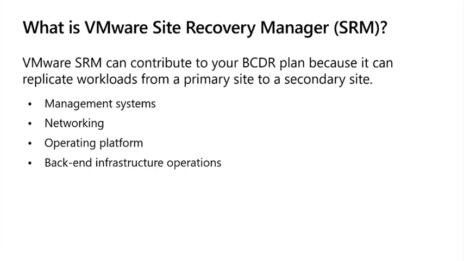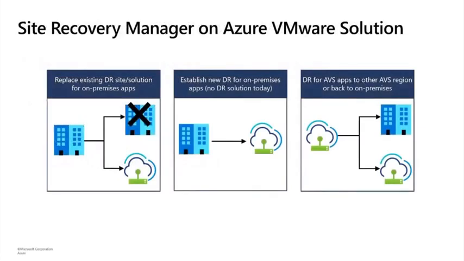Second question is, from where to where? If we're looking at our environments, you can easily use Site Recovery Manager on Azure VMware Solution to replicate from, say, a disaster recovery site. It means you're paying for two sites. If that second site is there solely for business continuity, then it becomes very expensive.